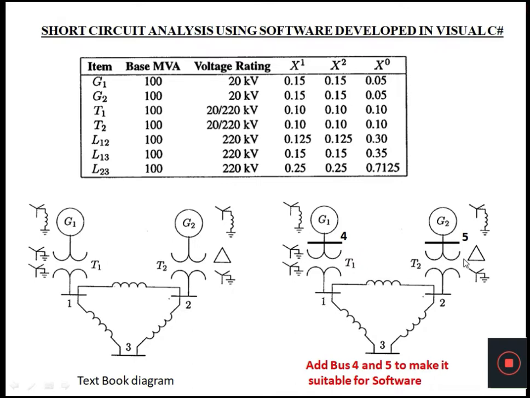Give numbers to each bus in the system starting from 1 to n. Don't leave any numbers between 1 and n. In this case, n is equal to 5. Therefore, we have 1, 2, 3, 4 and 5 in this diagram.